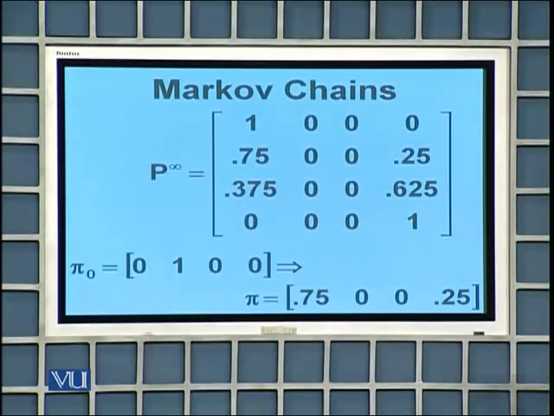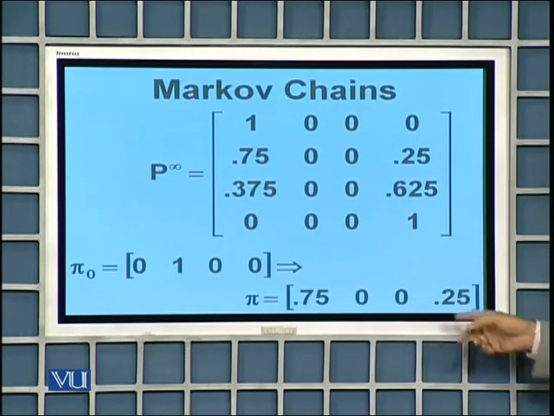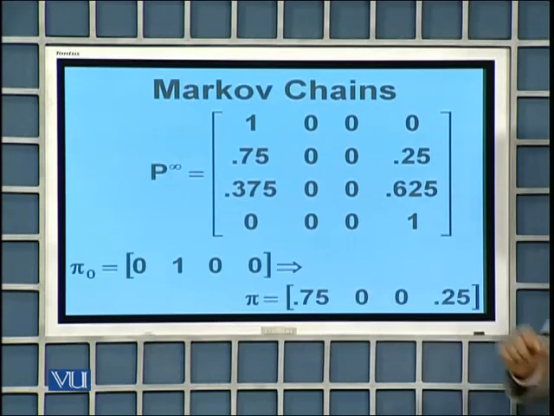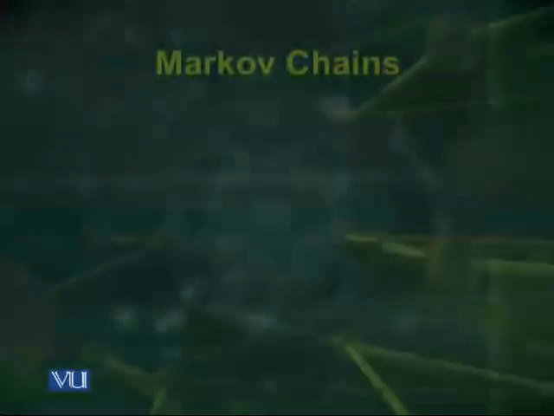So if we start in state 1, in the long run, we will not be in that state, but will be either in state 0 or state 3, and ending up in state 0 has a probability of 0.75, and ending up and getting trapped in state 3 has a probability of 0.25.